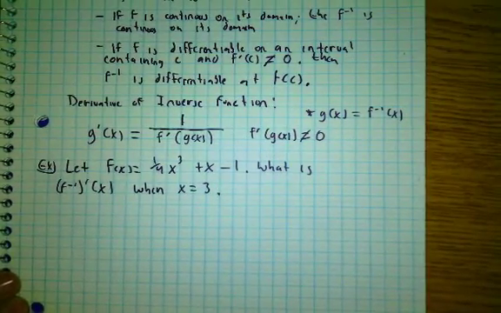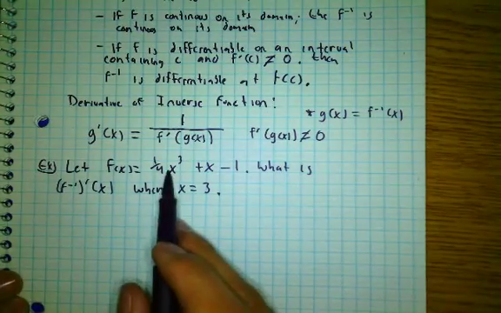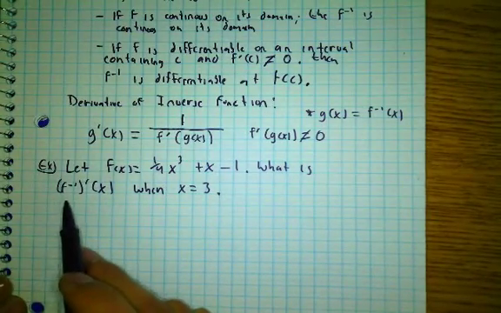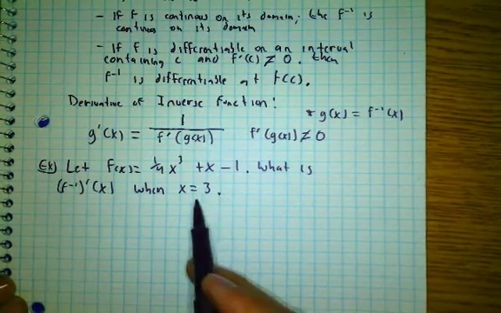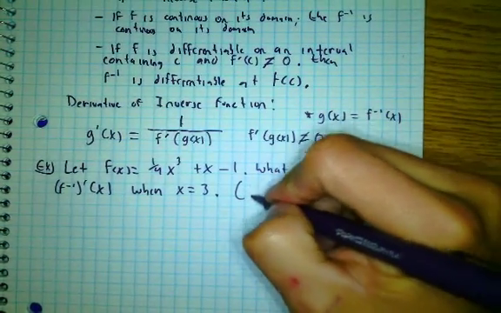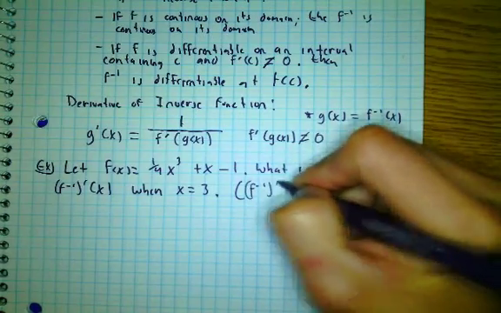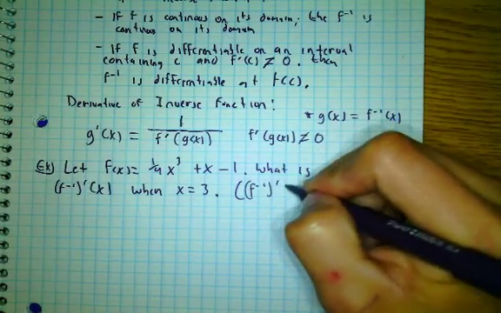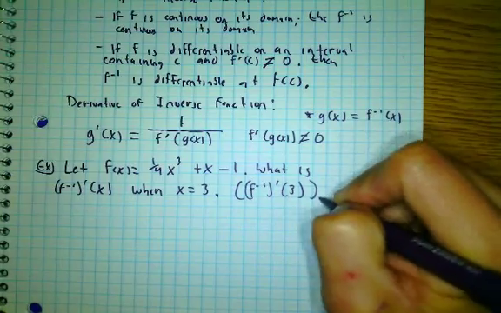So I'm giving you the function, but I'm telling you to find the derivative of the inverse and evaluate it at that value, correct? So in other words, here's what I'm asking you: the derivative of the inverse function at 3. Do you guys agree? That's what I'm asking. Cool?